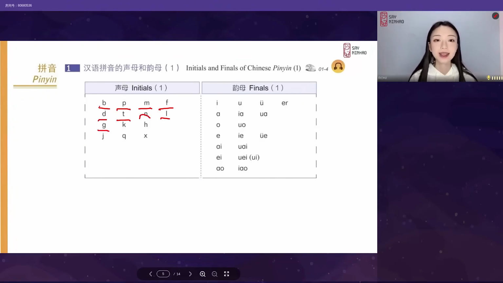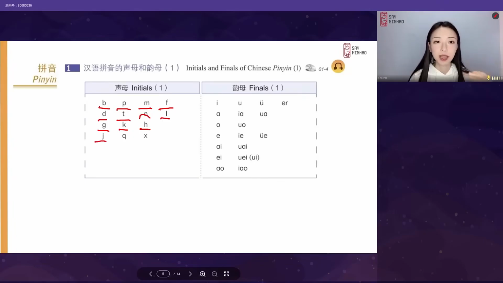Next, 科, 科, 科. Next one, 喝, 喝, 喝. Next, 鸡, 鸡, 鸡.